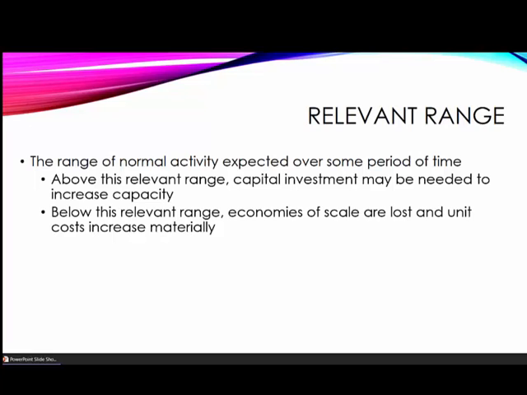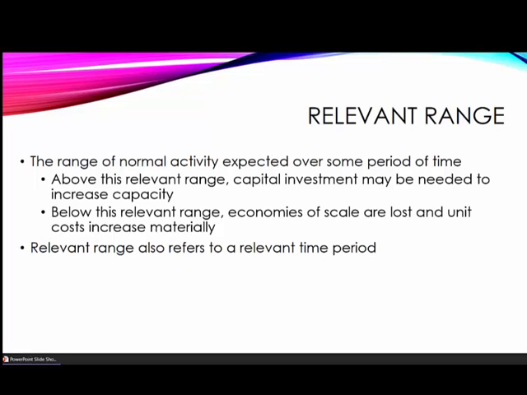The minimum we want to make in an 8-hour shift is 25 batches of muffins. If we don't make at least 25 batches of muffins, we lose our economies of scale, and all of a sudden we're applying overhead to so few muffins that they become $12 muffins. That's not going to work. So our relevant range in this case is 25 to 40 batches a day.